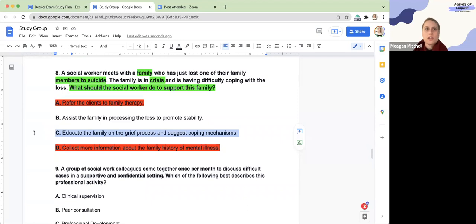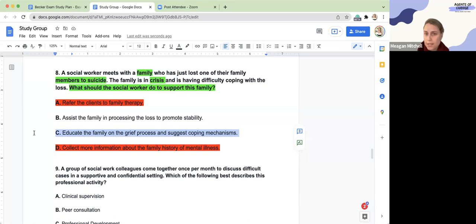They're on the floor, tantruming. If we are telling them coping strategies in that moment, are they going to hear what we have to say? No, because they're in crisis. Your brain is literally not functioning at a stabilized level at that point. You are fight or flight in that moment. So educating them on the grief process and suggesting coping mechanisms is not appropriate at this time.